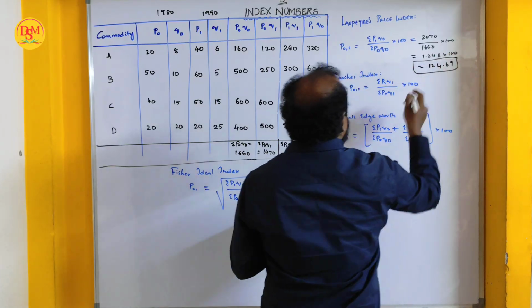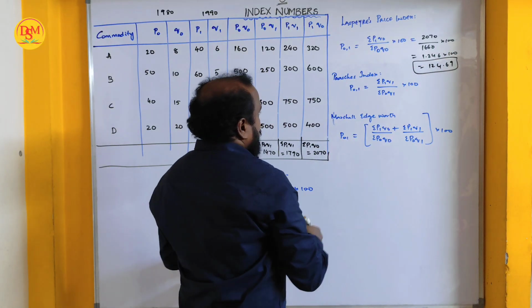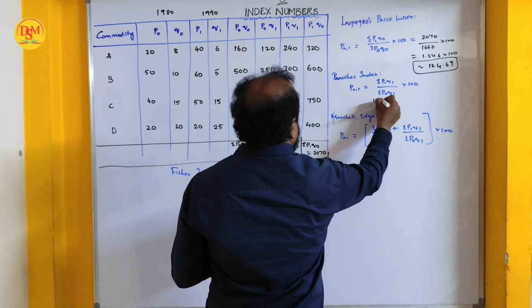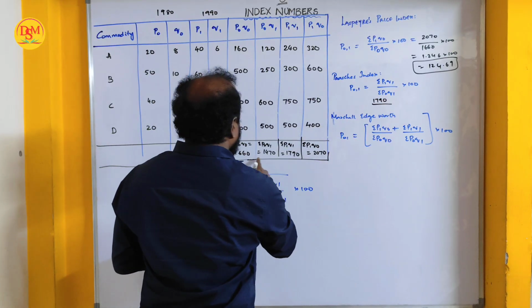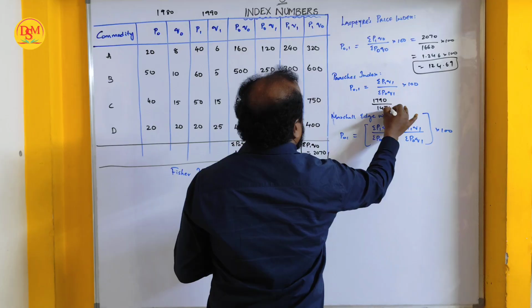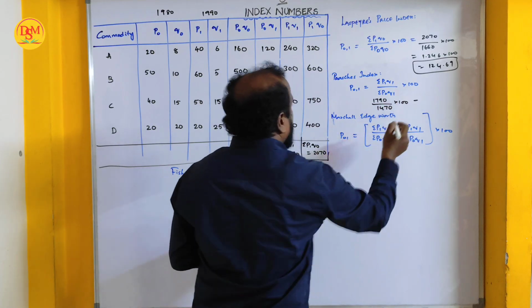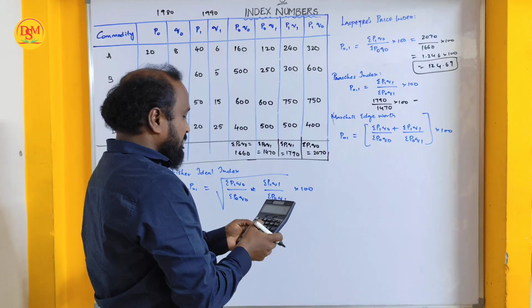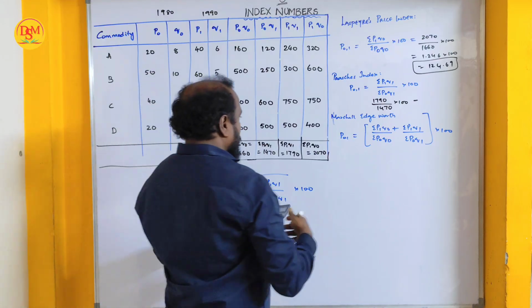This is the answer for Laspeyres. Next, Paasche: P1 Q1 is 1790 divided by P0 Q1, 1470, into 100. So 1790 divided by 1470 into 100.